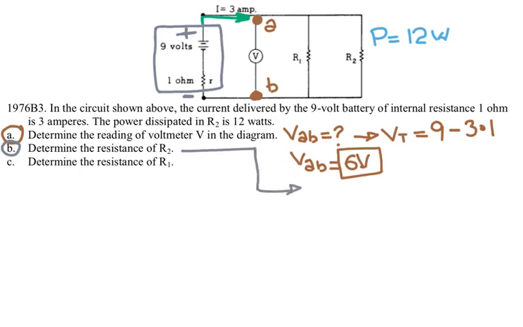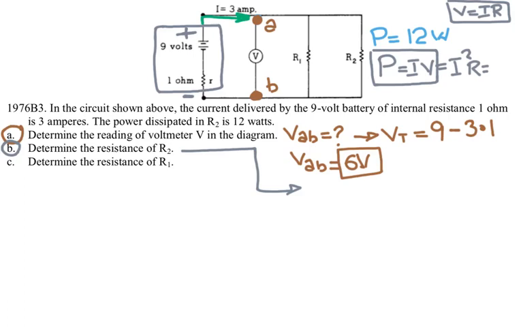Because they give me the power, I use the formula power is equal to I times V. If I replace V with I times R, I get I squared R. And if I replace I with V over R, because V is equal to I times R, Ohm's law, I get V squared over R. In this case I'm going to use V squared over R because they ask you for resistance.